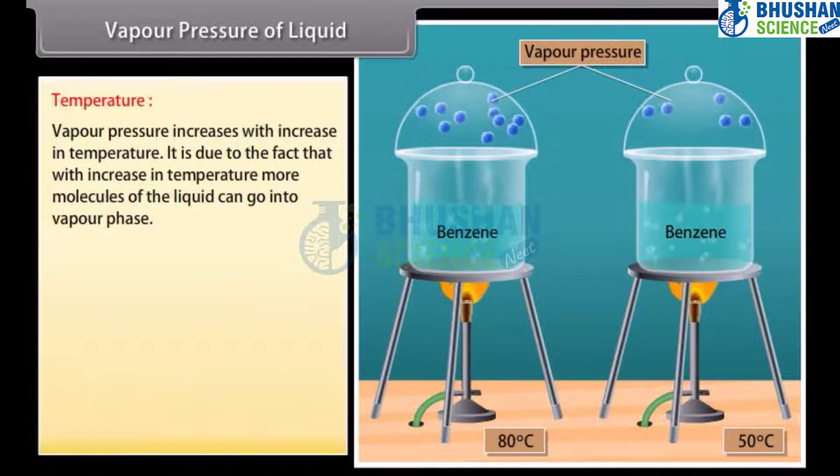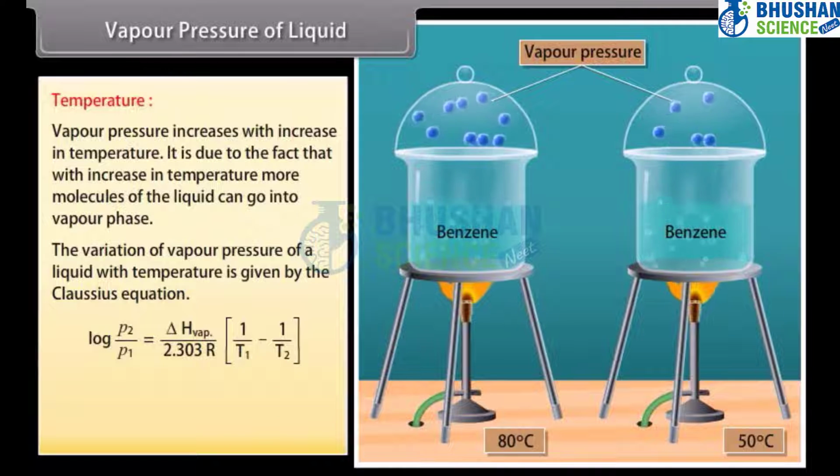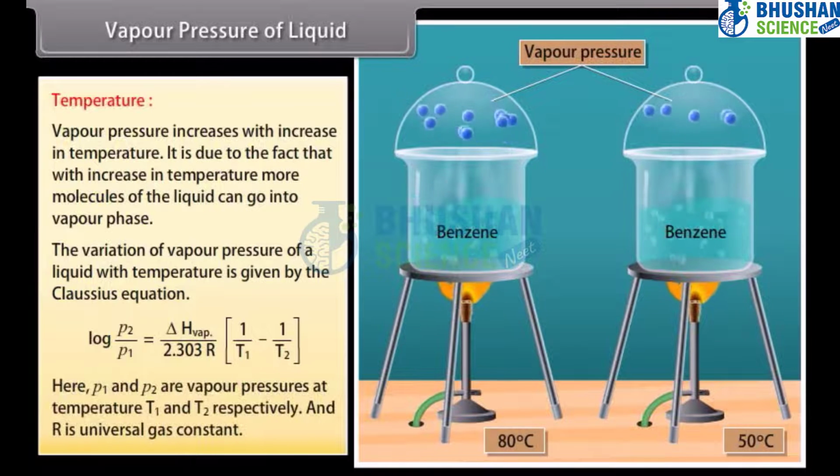This is due to the reason that with increase in temperature, more molecules of the liquid can go into vapor phase. The variation of vapor pressure of a liquid with temperature is given by Clausius-Clapeyron equation. Here, P1 and P2 are vapor pressures at temperature T1 and T2 respectively, and R is the universal gas constant.